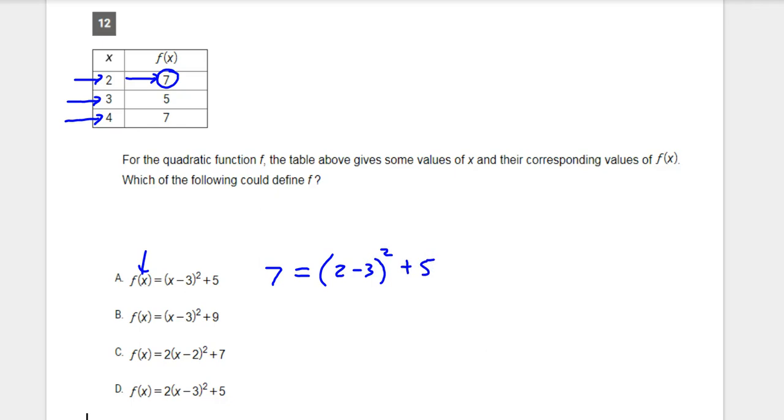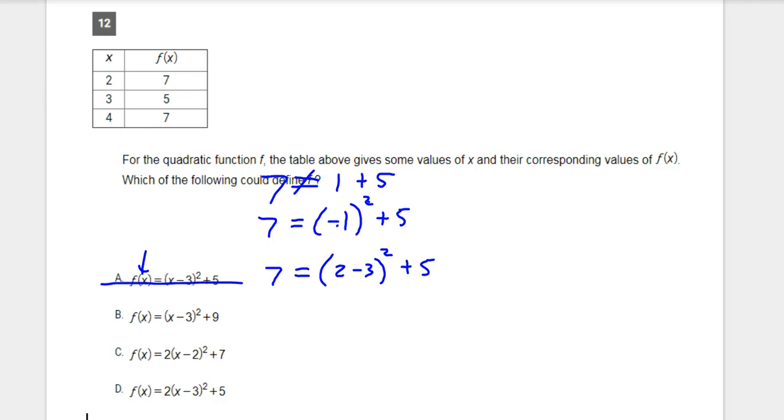Plug that in, see if it works. Well, 7 equals negative 1 times itself plus 5. Well, negative 1 times itself is 1, and 1 plus 5 does not equal 7. So that would have told me right there that it didn't work.